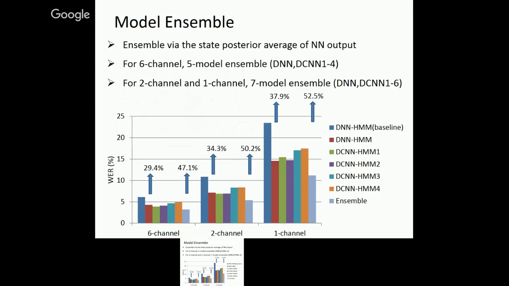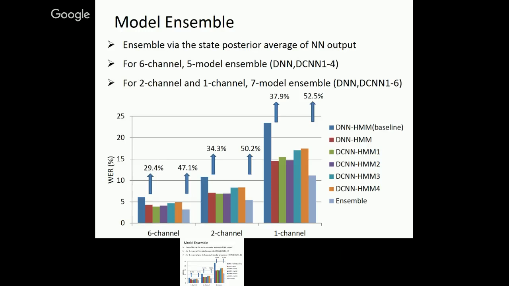It depends on different testing cases. We do not have more analysis on the input features with different neural network types. We just found that after the ensemble, the performance is more stable. So you mean the single VGG result is worse than the DNN, but it gets good complementarity in the combination.